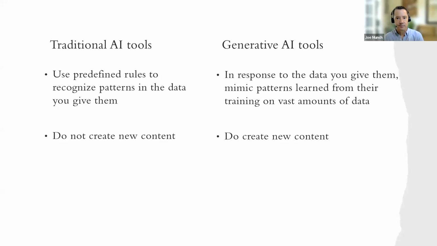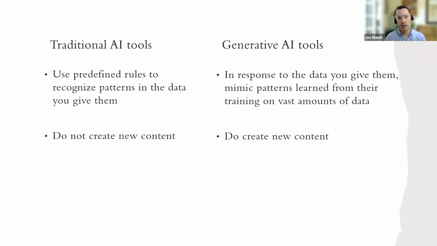There's a multitude of implications here, but the biggest one we're concerned with right now is that traditional AI, the spell checkers, the things we've been using for years, those don't create new content. But the generative AI tools, right there in the name, they do.